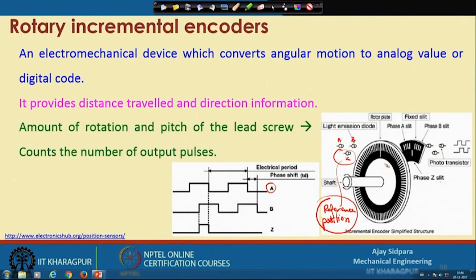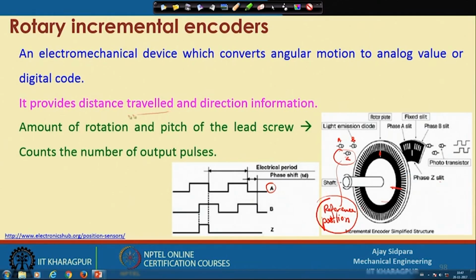That is because if you are rotating this encoder and suddenly there is a power failure or something, and then your position is somewhere here, correct. At that time this incremental encoder will not be able to find where the position is. So, it will rotate, and again when this Z reaches this location, it will get the signal that this is the reference position, and then it will start counting the position. So, that is about that part.